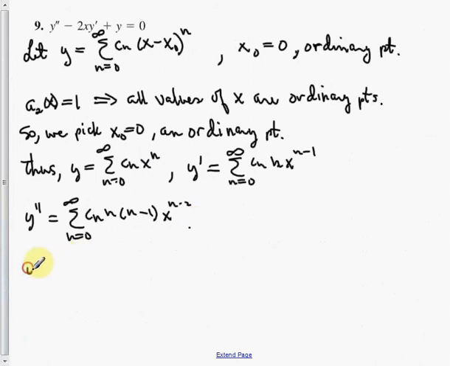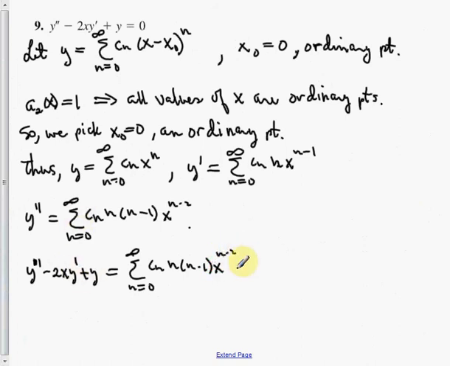So for this problem, it's y double prime minus 2x y prime plus y, that's equal to... y double prime is the summation. As n goes from 0 to infinity, we take this and plug that in for y double prime: c sub n times n times n minus 1 times x to the n minus 2.